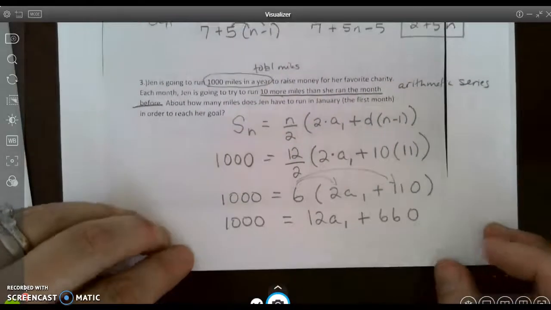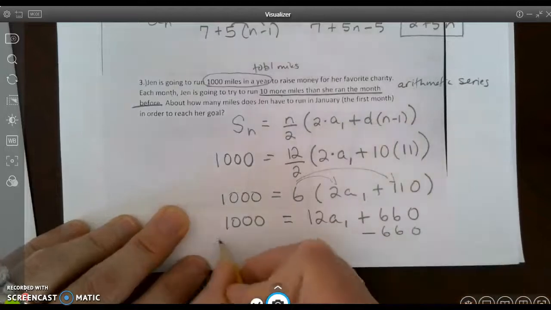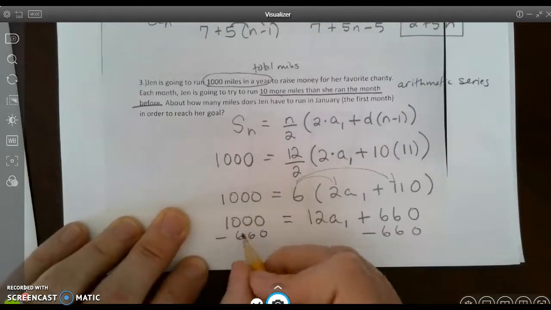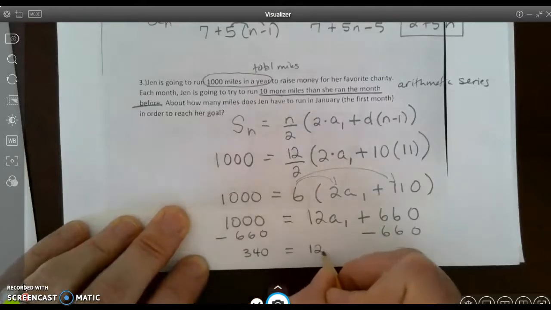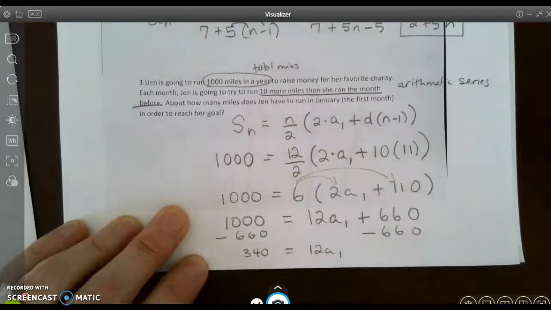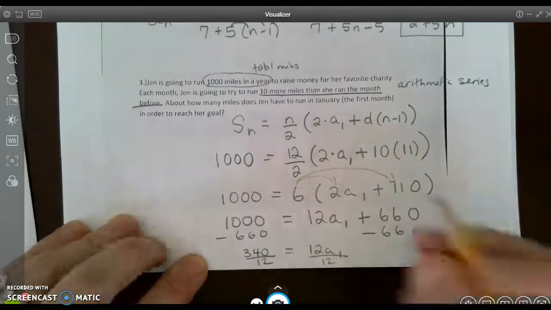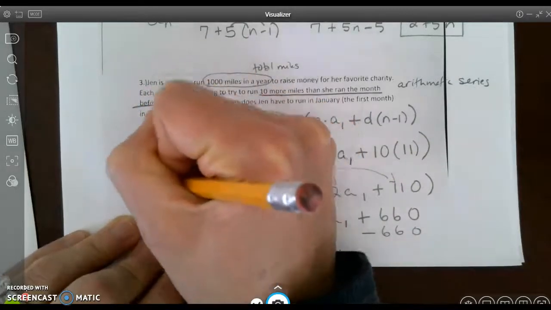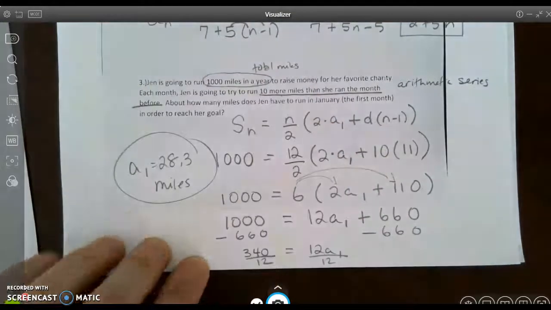And then I'm just going to solve for a sub 1. Subtract the 660 from each side, and I get 340 equals 12 a sub 1. Divide both sides by 12, and I get a sub 1 is 28.3 miles if I round to the nearest tenth.